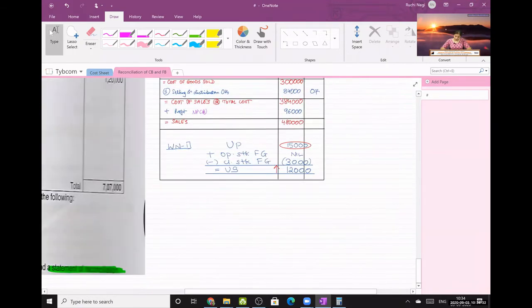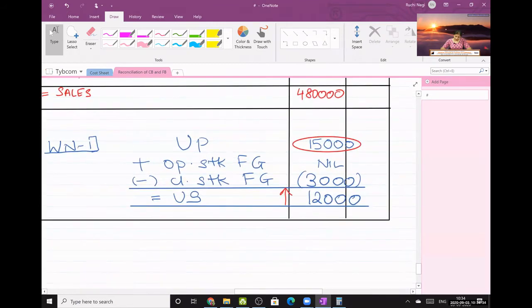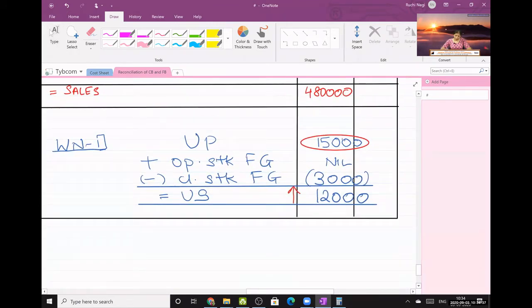Start with working note. Write down this working note. Units produced is not given, so we have to find that.